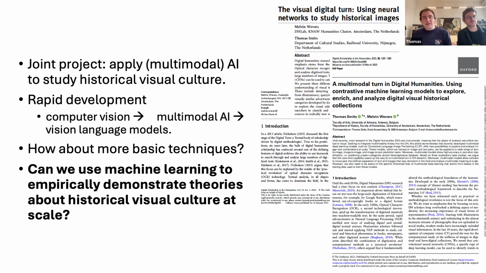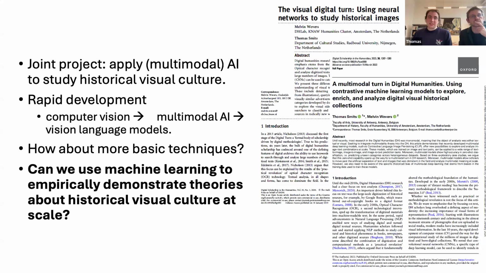Then it became multimodal AI, the machine learning methods that learn from the connection between text and images. Now we're, of course, at vision language models, a sort of combination of ChatGPT that can also read images. You can see some of our articles here.